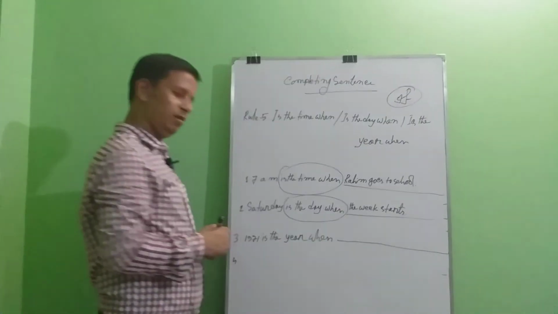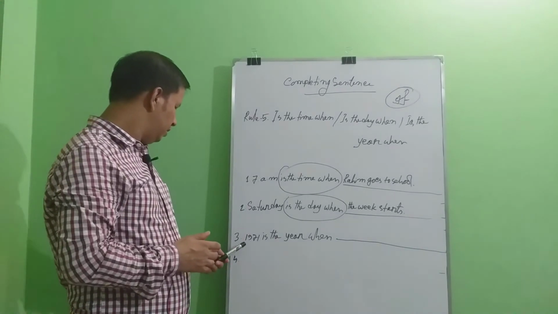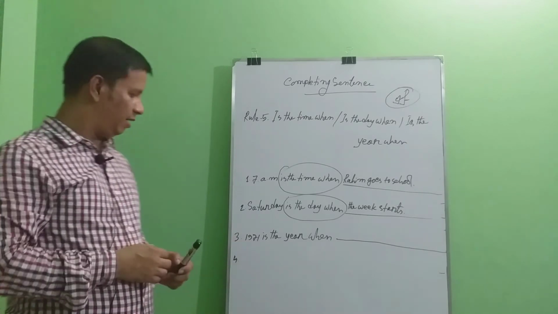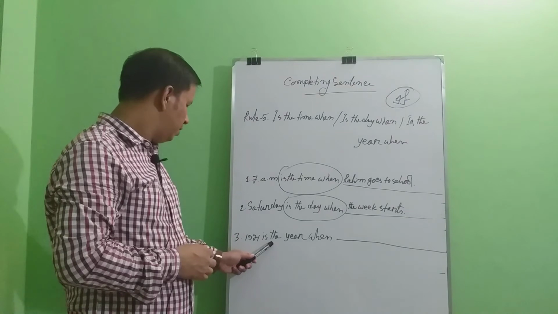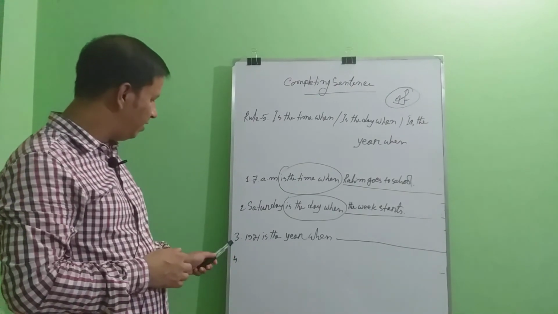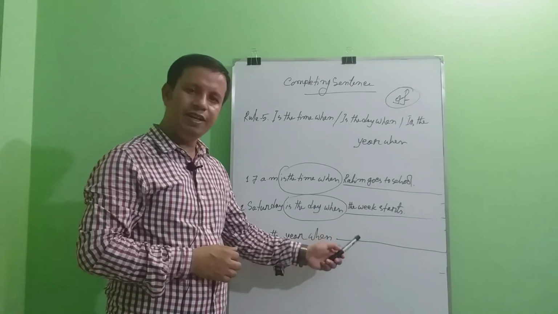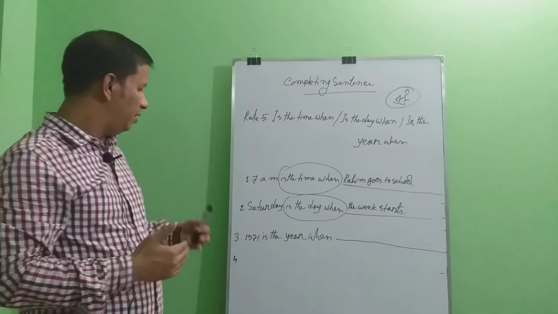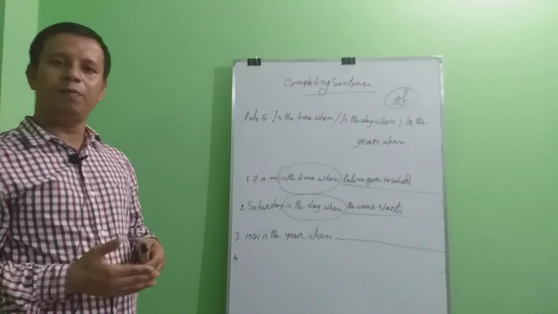Students, let's see the third sentence, 1971 is the year when. Students, when you say in an incomplete sentence is the year when, and if it is any event that happened in the past, or if it is an historical event, then the next sentence will be simple past tense.